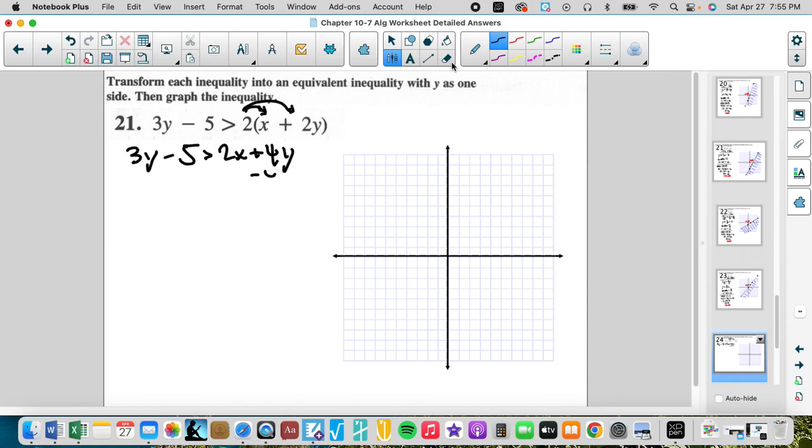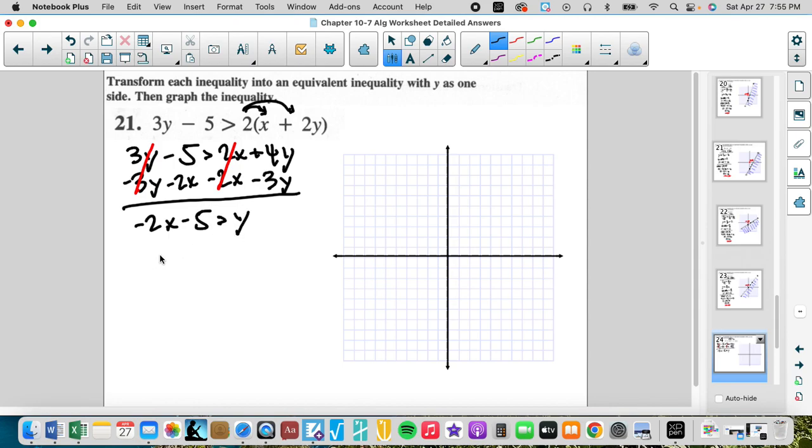Ooh, I don't want to move it that way. Why don't I want to? Because I don't want a negative y. I'm going to move the y's over to the right, and I'm going to move the x's to the left. So these cancel, these cancel. I'm left with negative 2x minus 5 is greater than y.